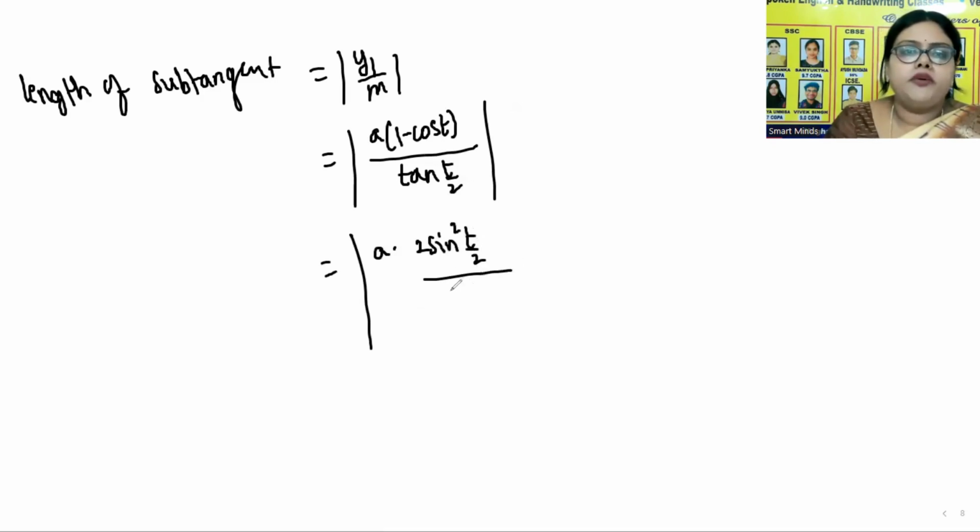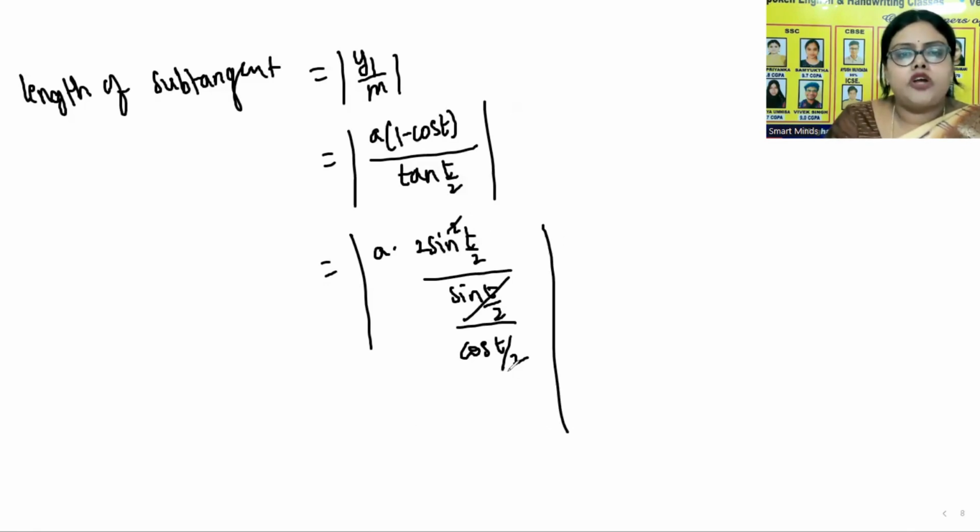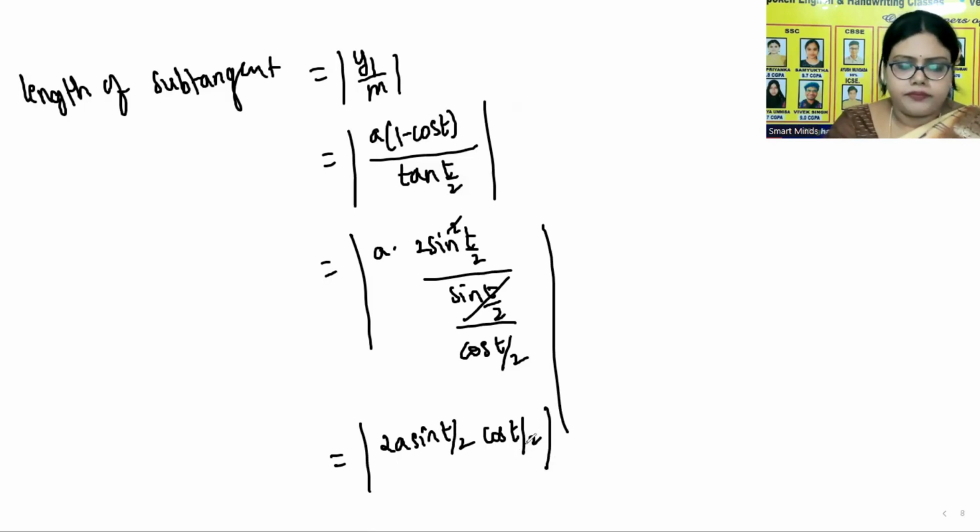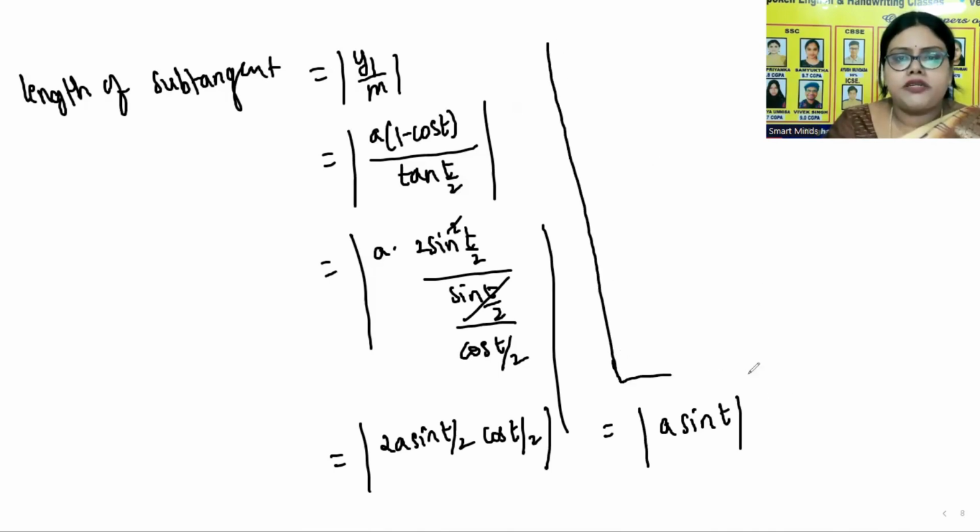By tan t by 2 is sin t by 2 by cos t by 2. Sin t by 2, sin t by 2 cancel. This cos t by 2 will go up. That will become 2a sin t by 2 cos t by 2. But we know that what is 2 sin t by 2 cos t by 2? That is sin t. So that is a sin t. This is length of subtangent.